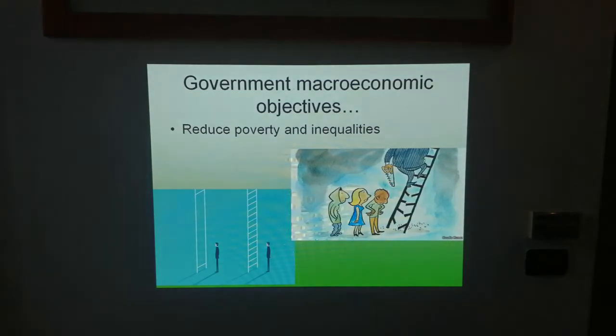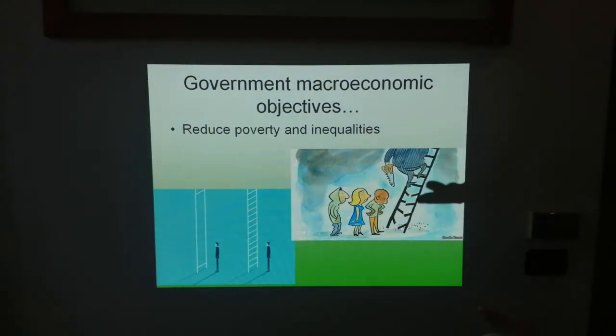Another one is to reduce poverty and inequalities. Here we've got pictures which show people get into positions of power and then become privileged. They stop others coming up the ladder of progress by using ways of inhibiting people.